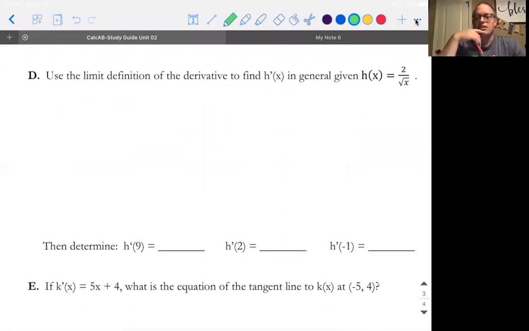Then we're going to find the three things at the bottom. So again, pause the video. It is so important that you have a chance to practice this, to make sure that you are understanding things, and to correct any misconceptions that you might have. So try it. It's a fraction and a square root all mixed together. So see what you do with that. Be back in a moment.